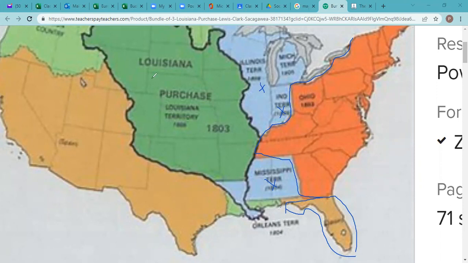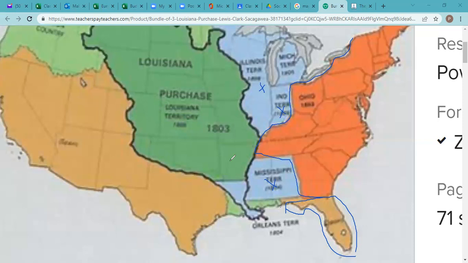Now, right here in the green area where it says Louisiana Purchase, the orange area was first owned by the English, and then we went through the Revolutionary War, and that's when we became our own nation. But over here in this green area, it was not very populated, but France owned that area.